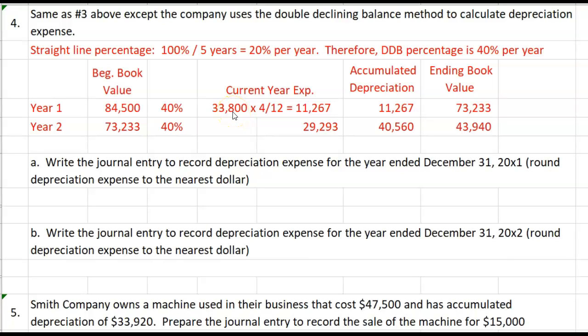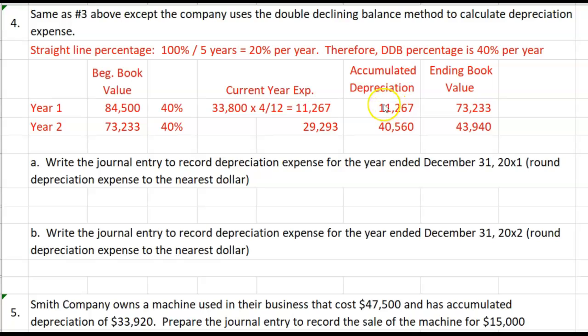But we did not own and use this asset for the full year in year 1. We only used it and owned it for 4 months, September, October, November, and December. So take the full year's worth of depreciation expense times 4/12, and that equals the current year, year 1 depreciation expense of $11,267. Accumulated depreciation is the prior year's accumulated plus the current expense.